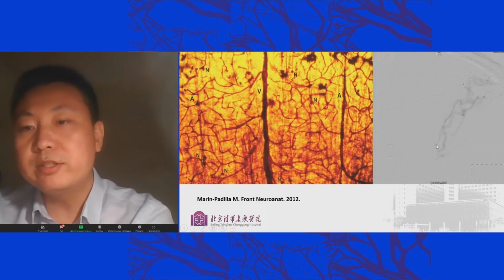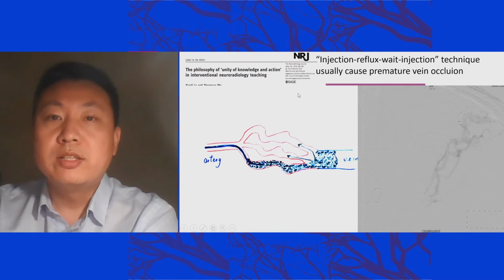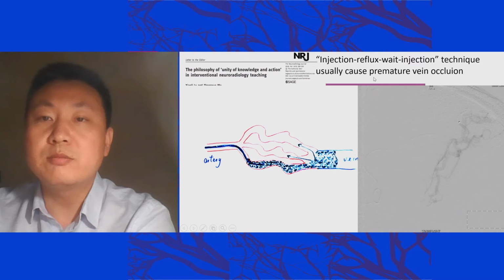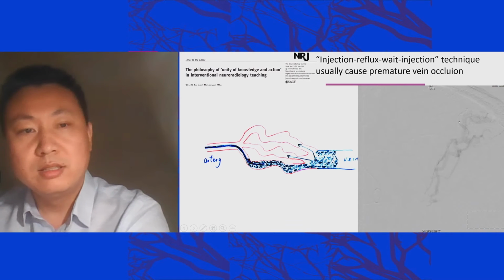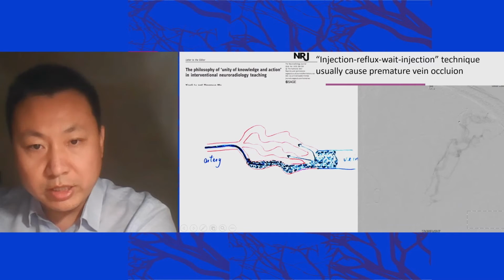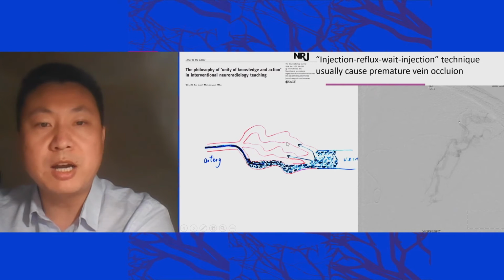Here is a super-selective microcatheter angiogram showing the arterial venous shunt. The injection reflux wait injection technique can usually cause premature vein occlusion. This picture shows the Onyx only occluded the vein, then it will go to the other parts of the suppliers.